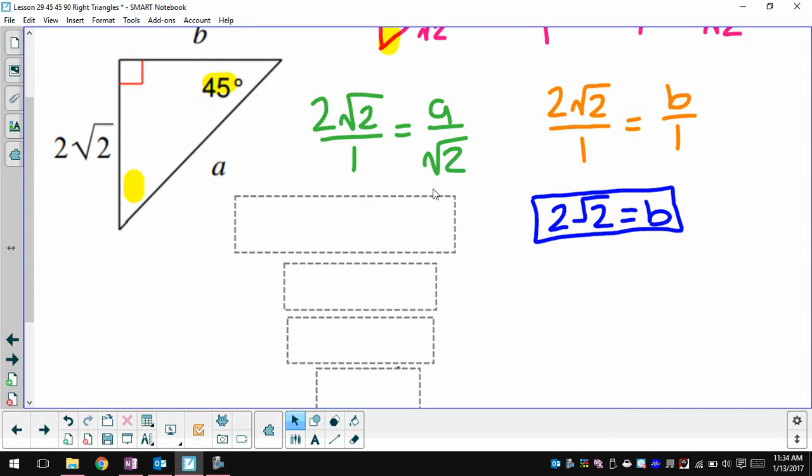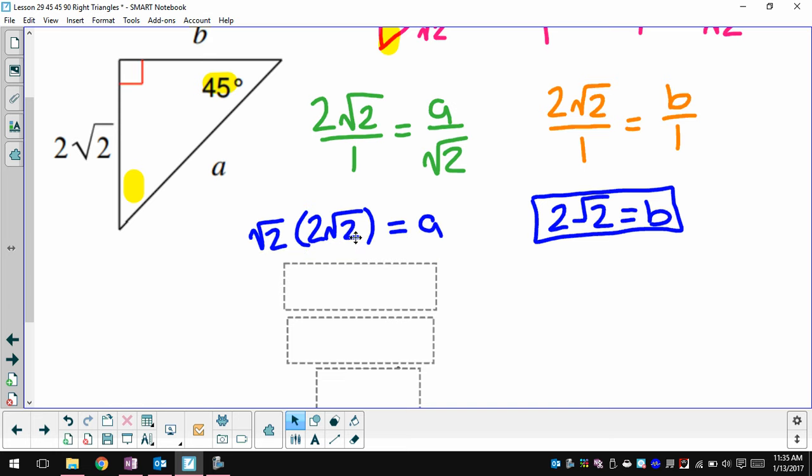This one takes a little bit more work, not a lot. We'll cross multiply. A times 1 is A. And I'm going to have to multiply root 2 times 2 root 2. I can multiply things that are underneath square roots together. So I'm going to multiply this root 2 times this root 2 and get root 4.